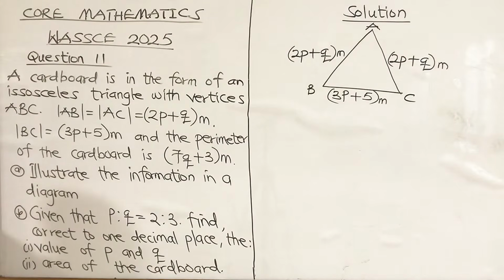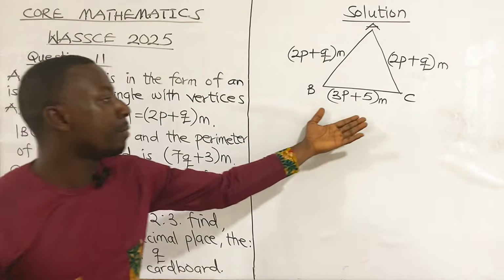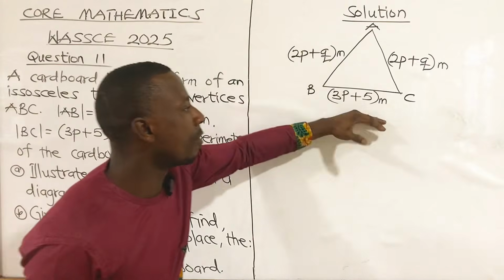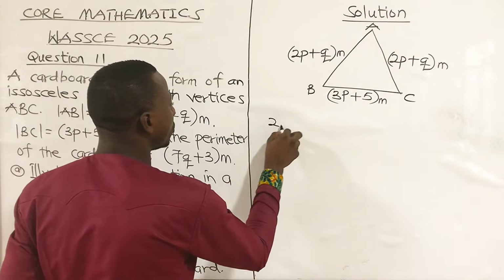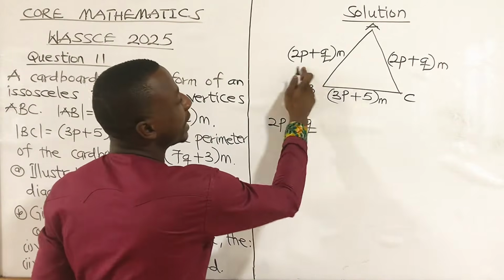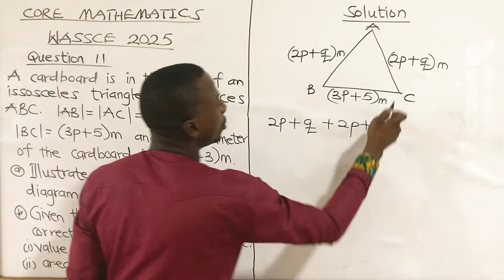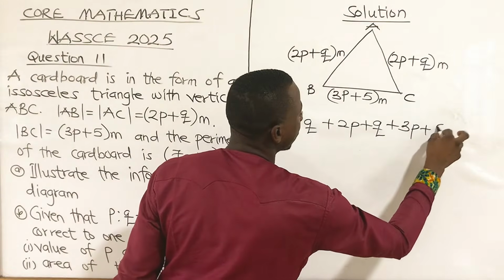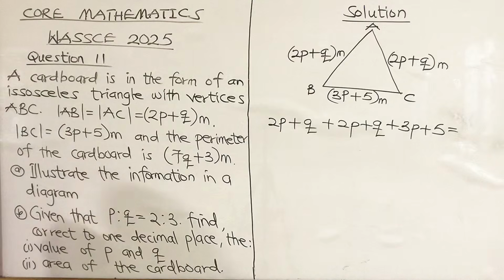The question continued by saying that the perimeter of the cardboard is 7q plus 3. From mensuration, when you talk about perimeter, it is the sum of all the sides of the plane figure. So here we have 2p plus q as the distance over here, then we also have 2p plus q over here, plus the distance here, which is 3p plus 5, and everything should be equated to 7q plus 3.